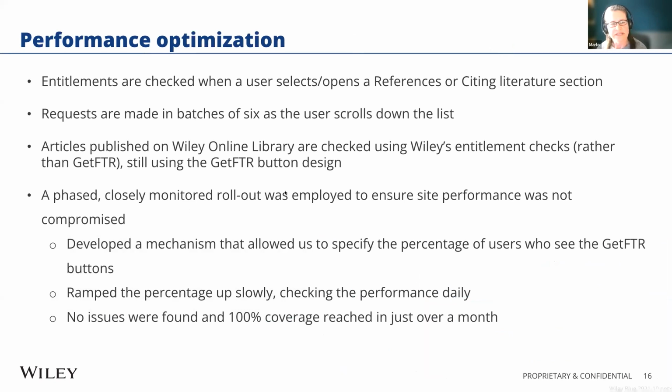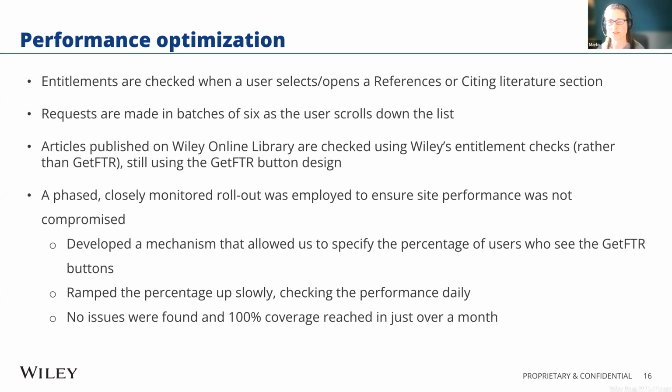And I've got some notes here about the performance optimization that we implemented with the Wiley Online Library version. To clarify, the performance here refers to our front-end performance of Wiley Online Library, not the performance of the GetFTR API response times, which have their own discrete response time guidelines.